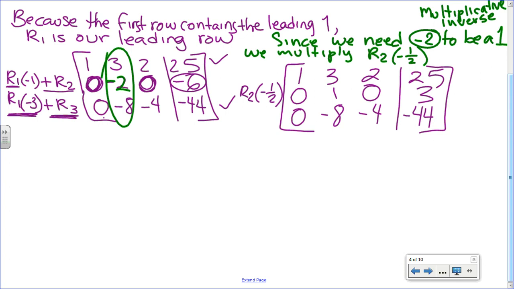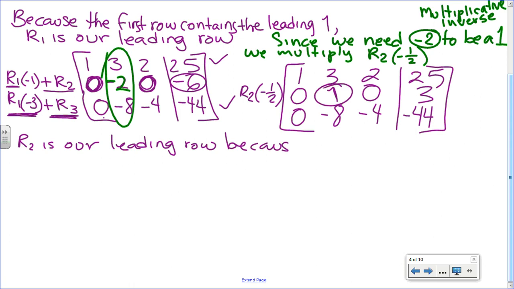Okay, so now we're done with the 1 here, right? So now R2 is our leading row because it contains the leading 1.